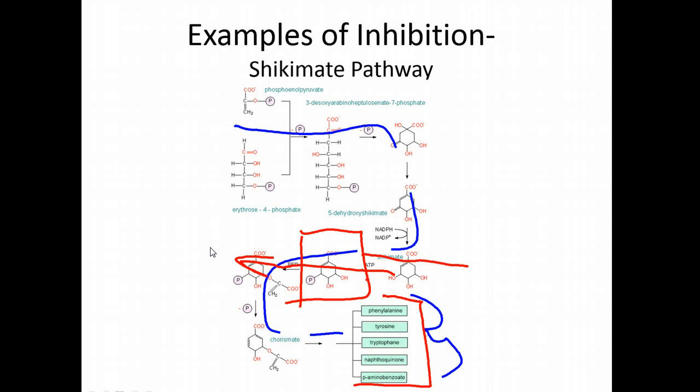Does anybody know the name of the chemical that does this? You all know it. You've all used it. It's a chemical called glyphosate. What's the trademark name for glyphosate? Roundup. Glyphosate, which is the chemical name, inhibits amino acid production in plants.